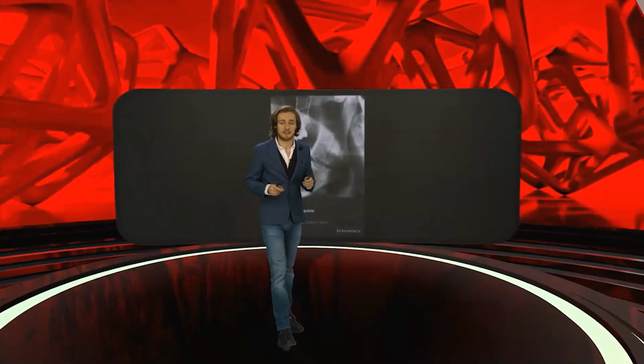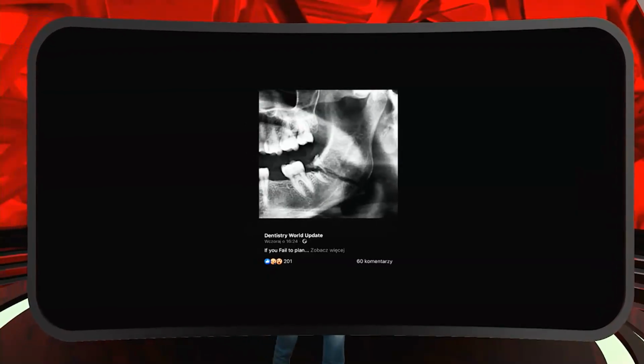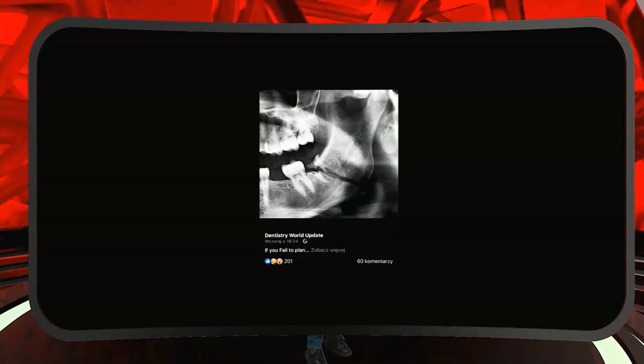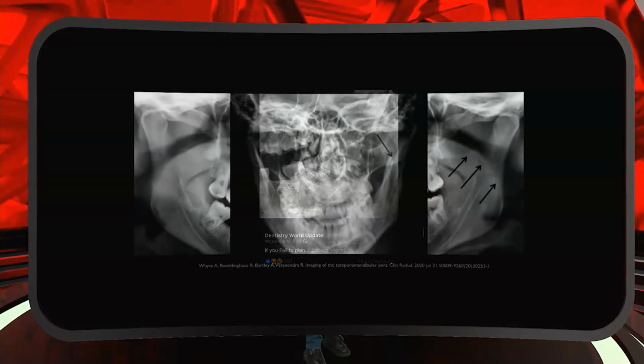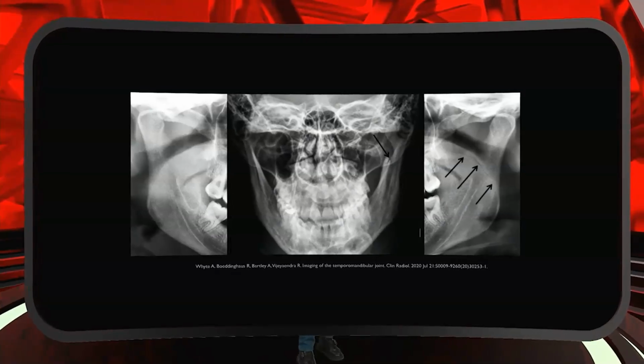What we can also see on the panoramic X-ray, and sometimes you can see very nice things on Facebook, so take a look at this. This is a big fracture, probably because some dentist tried to extract the third molar, and then we got a fracture on the angle of the mandible. What do we have here? Here is also a fracture, and you can see it with the black arrows.